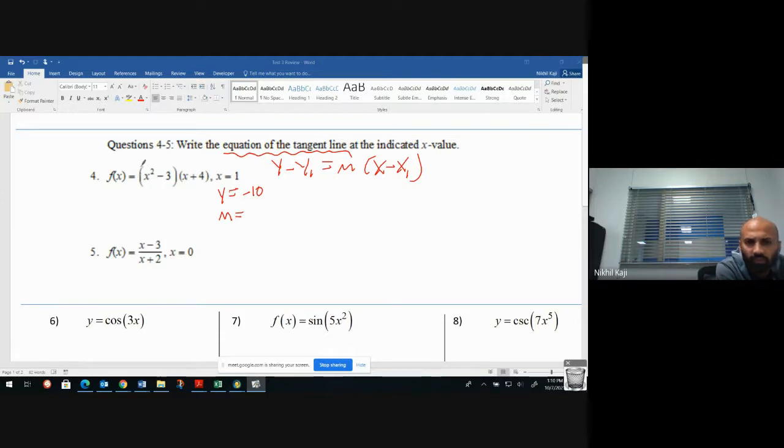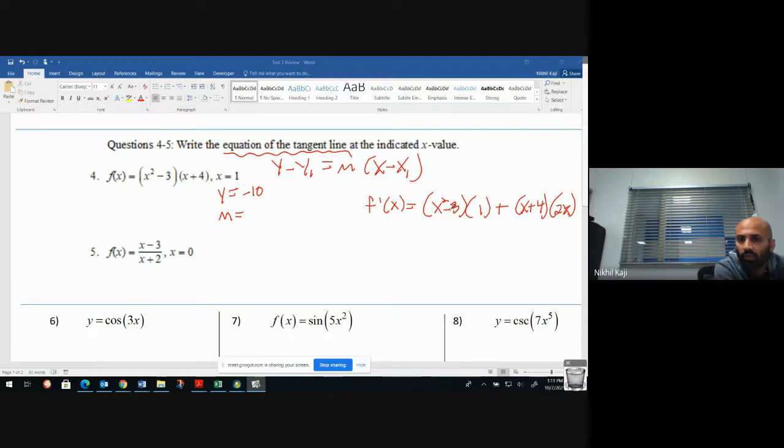So I take the derivative. Which rule do I use? Oh, it's product rule. I'm multiplying. So let's get our derivative by doing product rule. F g prime plus g f prime. Now plug in the x value, in this case, which is 1.